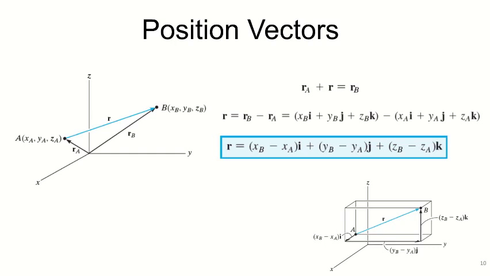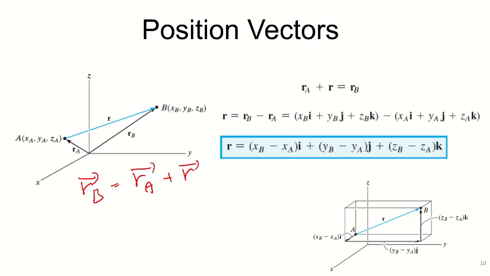From the head-to-tail vector addition, or the vector triangle method, we can write vector RP is equal to RA plus R, right?